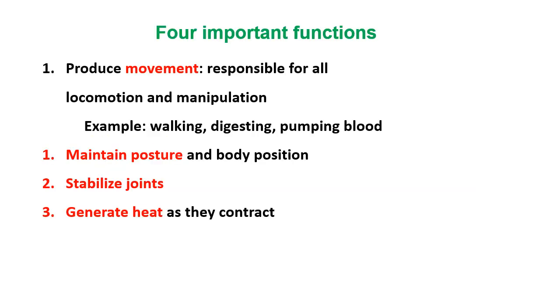Okay. All right. Now, here we're listing four important functions of the muscle. Of course, number one is movement, very obvious, right? Number two, a function of the muscle is also maintaining posture. A lot of times we don't think about that as a voluntary type of muscle control, but if you think a little more about it, if you're sitting up, you are really contracting your muscles to maintain yourself sitting up.